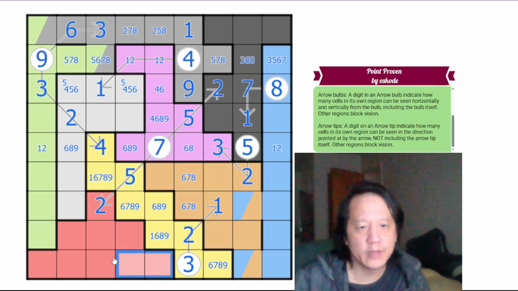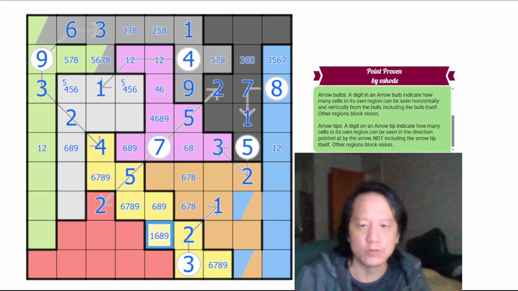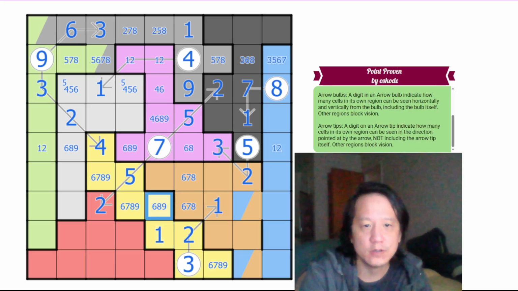Remaining digits in... This can't be 1 because of 1 in the column. Where's the 1 in the yellow region? It must be here. So that 1 eliminates 1 here, so this is 2 and 1. 2 cannot be here because of 2 in the column now.